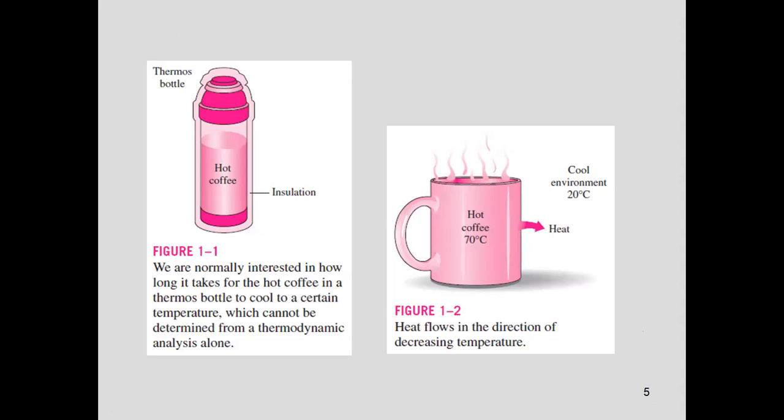The outside temperature is about 20 degrees centigrade and the inside temperature of the mug is about 70 degrees centigrade, so heat will be transferred from the mug to the surrounding, because the mug is at 70 degrees centigrade and the cool environment is about 20 degrees centigrade. So heat will be transferred from a hot cup of coffee to the surrounding.